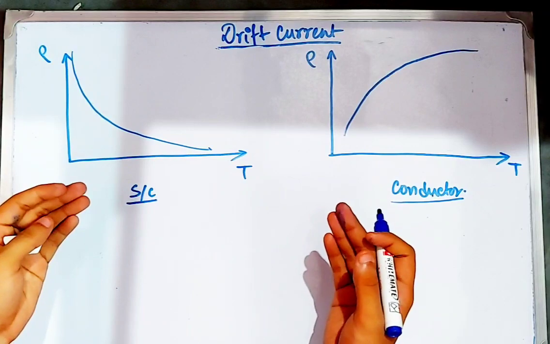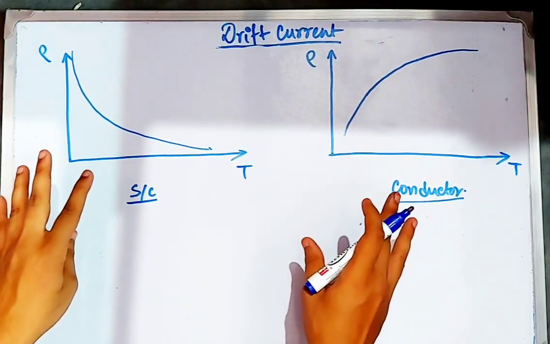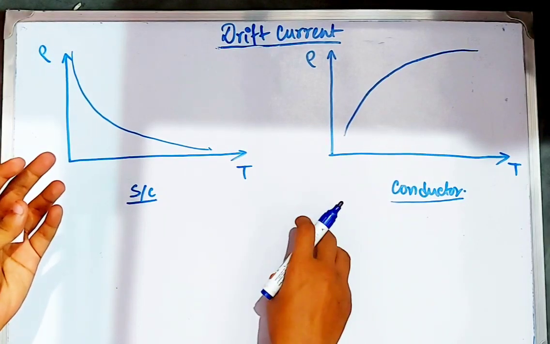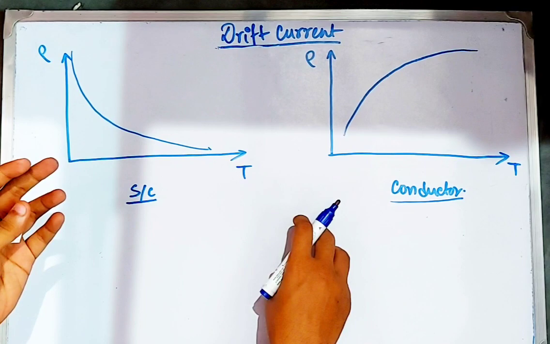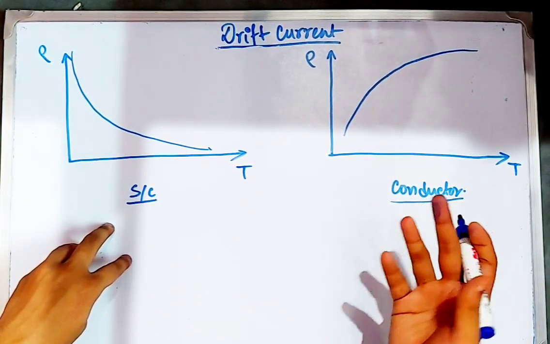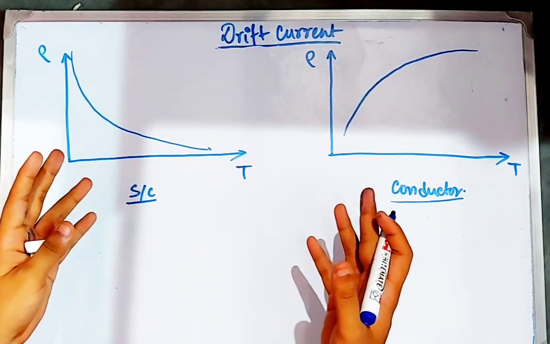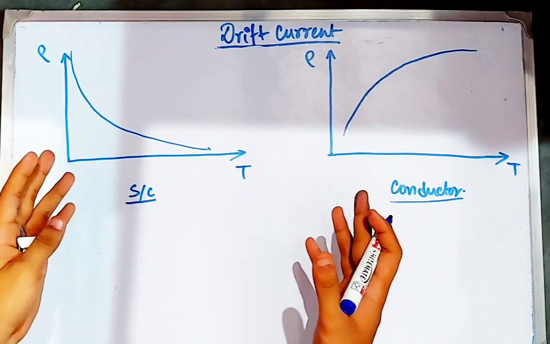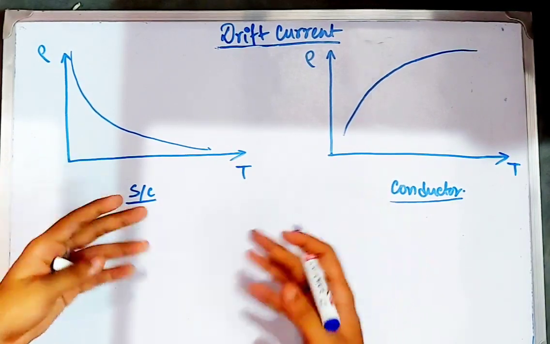Now we will try to understand why this is happening. The semiconductor also allows current to flow through it, and the conductor does the same thing. But why are they behaving exactly opposite to each other?